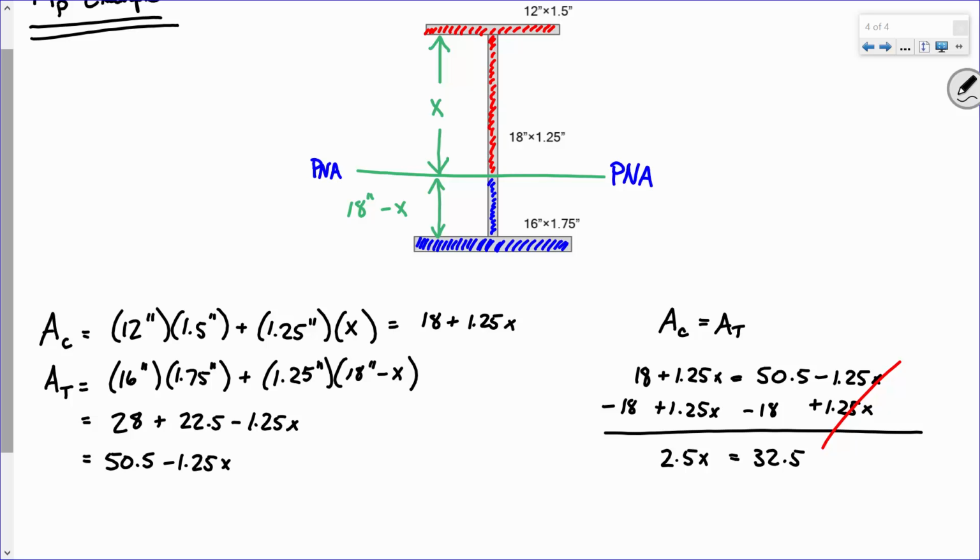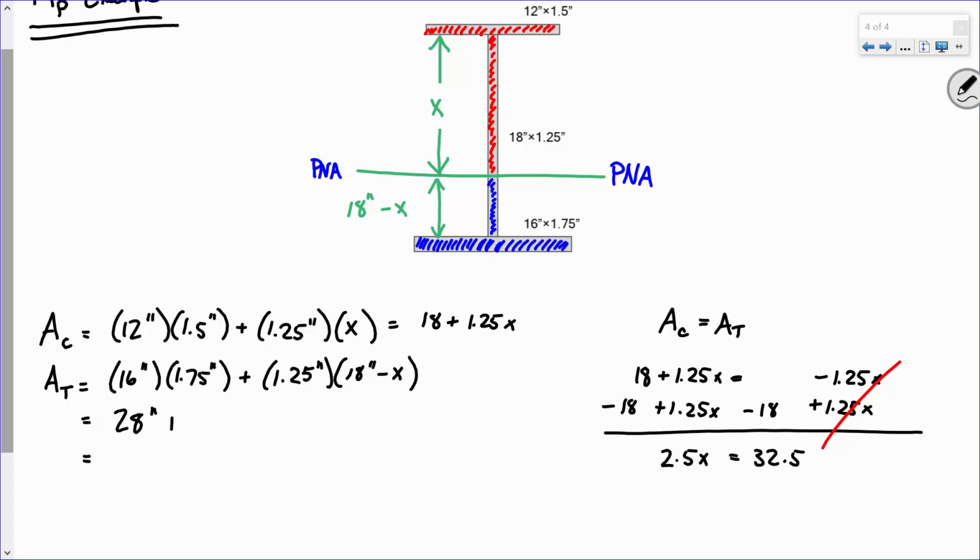All right, I'm getting the feeling there's an error here in some of the calcs, because this should come out to be x equals 5. So hold on. Let's look over here at the area in tension. What is 16 times 1.75? 28.